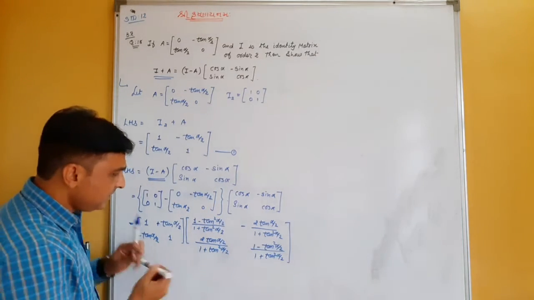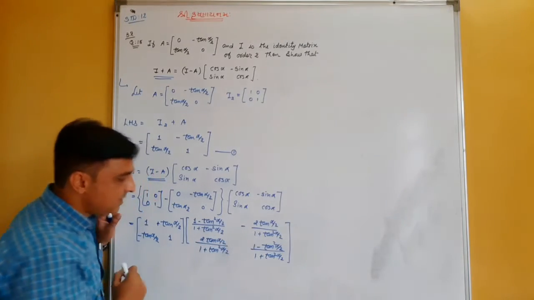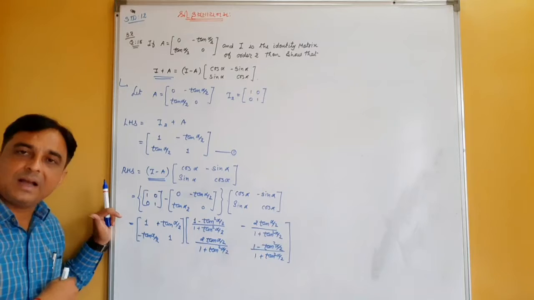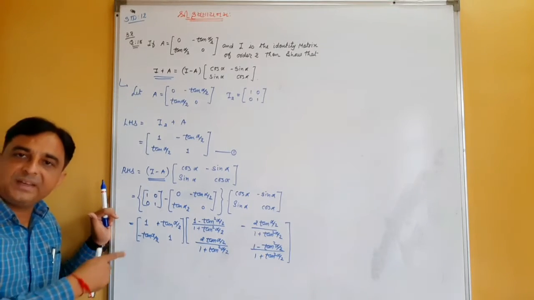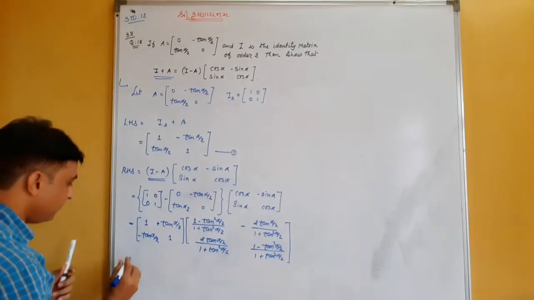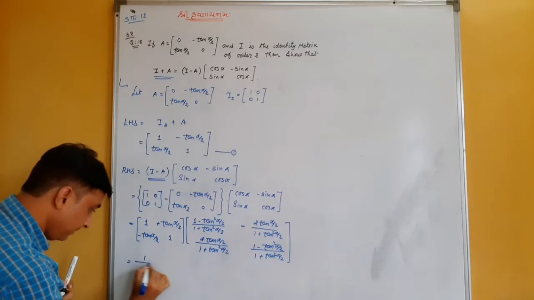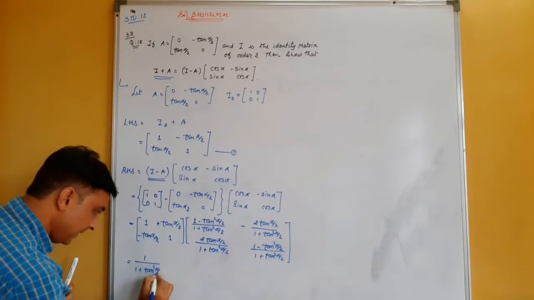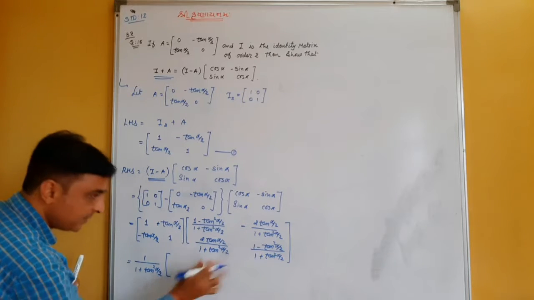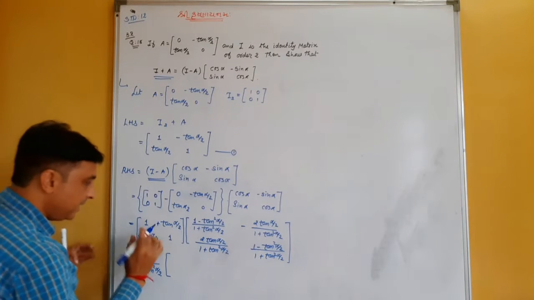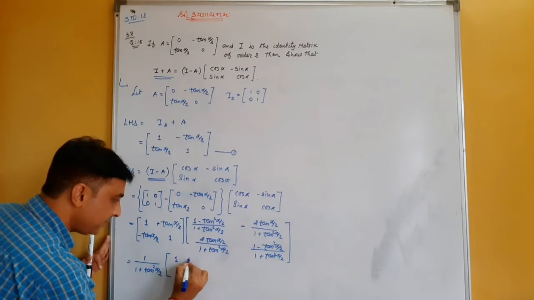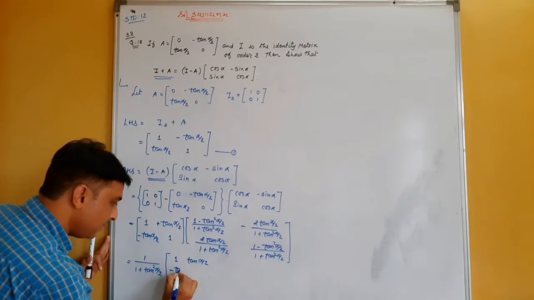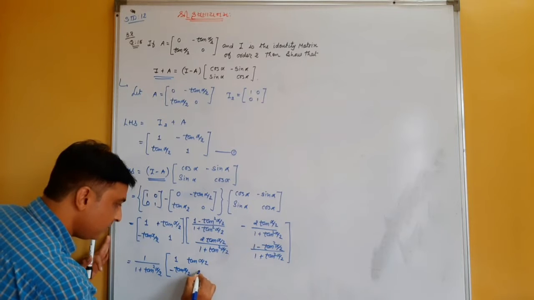Now, all the terms have the same denominator. So take 1 plus tan square alpha by 2 common from the denominator. So what we have, 1 by 1 plus tan square alpha by 2, denominator common. Now 1, tan alpha by 2, minus tan alpha by 2, 1.